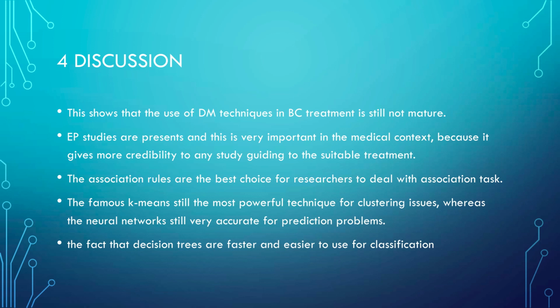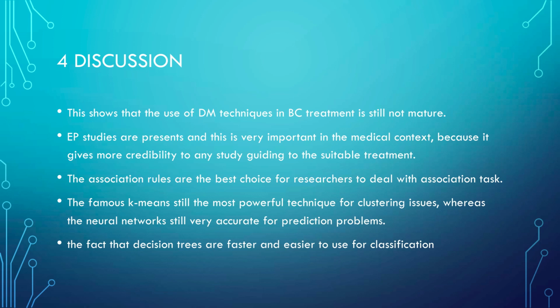We could explain that by the fact that decision trees are faster and easier to use for classification, especially with the large choice of libraries offering the possibility to take advantage of this technique by reusing the functionalities with a large choice of languages. In addition, decision trees can be easily interpreted by the oncologist while taking decisions without any background of data mining.